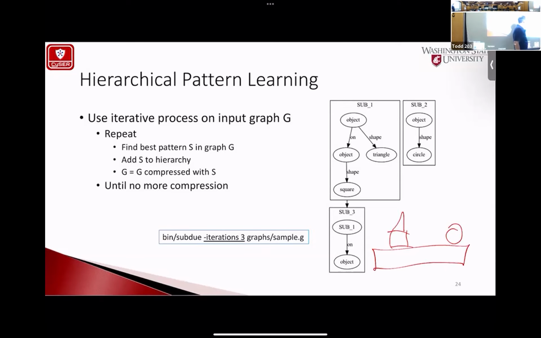So here we have the triangle on square on a rectangle. And so it's picking up on the fact that it can find the triangle on square on something. And so it can keep iterating until it's basically compressed as far as it can go. And then you get this kind of hierarchical explanation of the patterns that are in your graph. And that can be more useful than just trying to find the single best one.